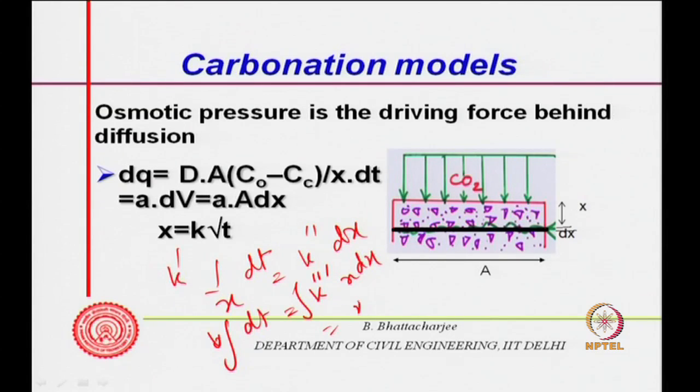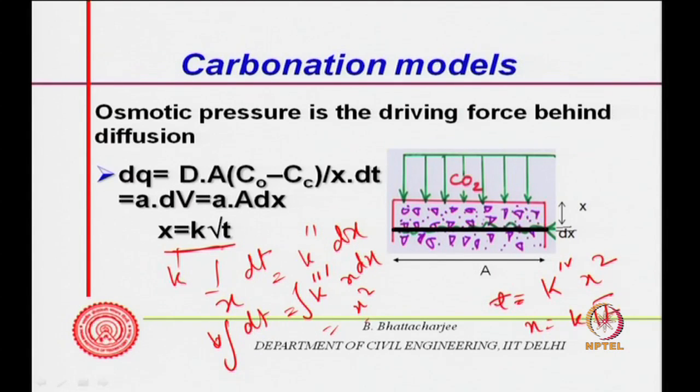So, I will get x square by 2. In other words, all this can be put together, so I can write that t is equal to some constant, let me call it k 4 prime, into x square. So, in other words, I write x equals to k under root t, that is what I have done. So, by simple integration I can find out x equals to k under root t.